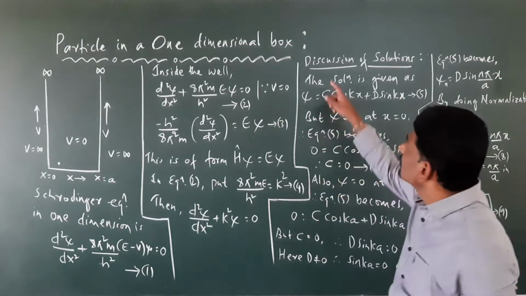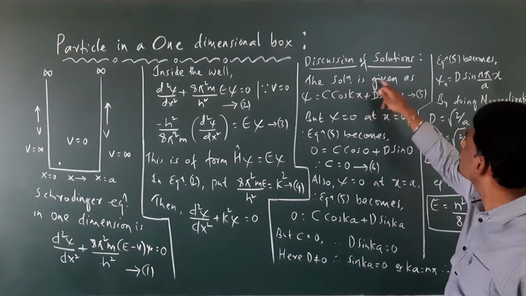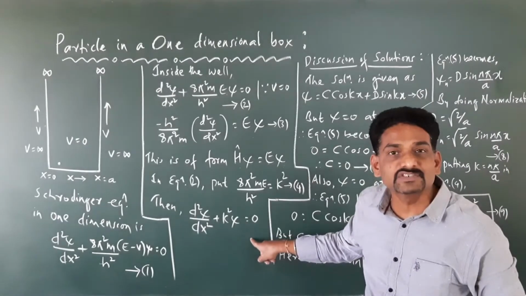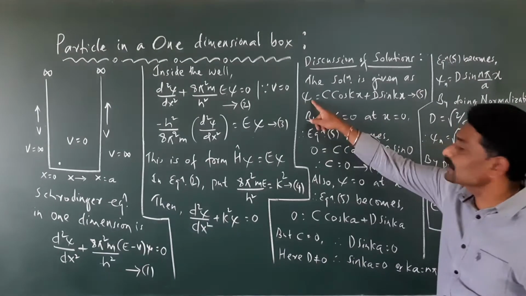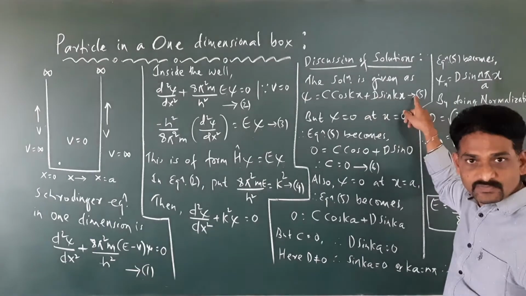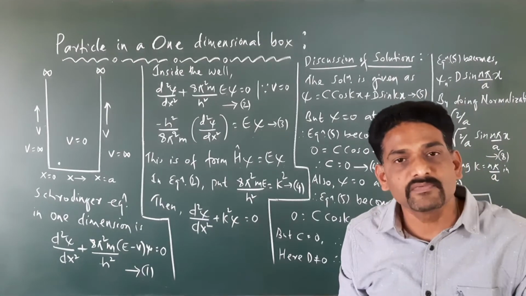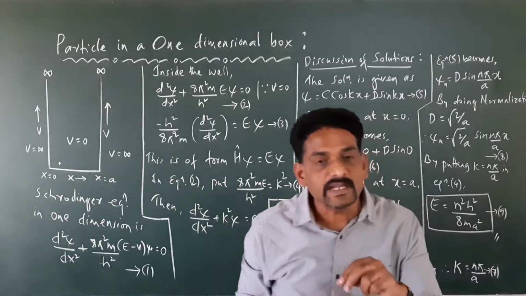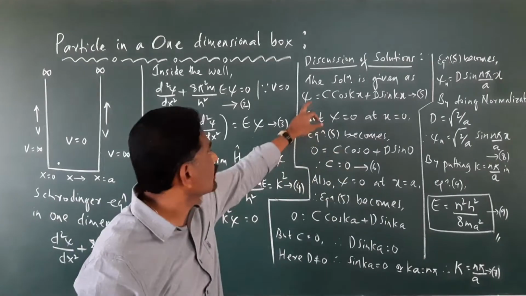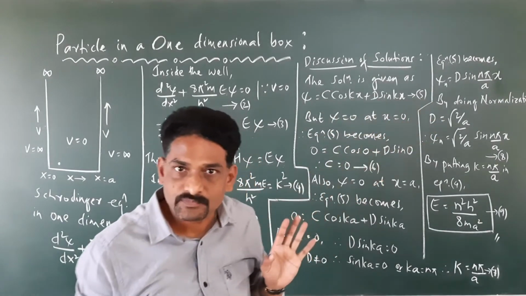Therefore, the solution is given as psi equals to c cos kx plus d sin kx. This is the standard solution of a second order differential equation, that is psi equals to c cos kx plus d sin kx, right?